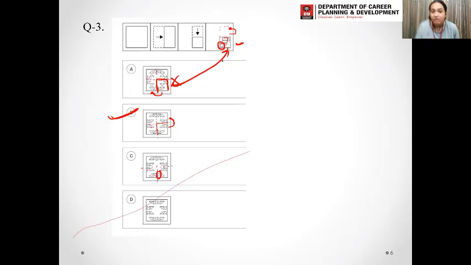This box doesn't match with the question figure, so this option is incorrect. And if I check option D, let's check this out. This correctly matches with what is given in the question. So let's check whether this is the water image of this or not.